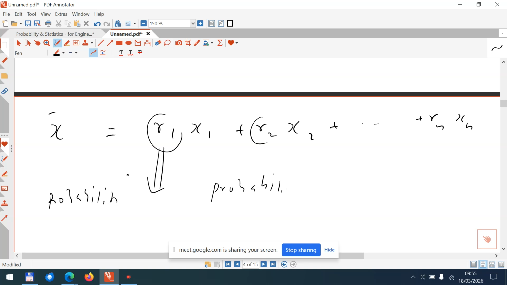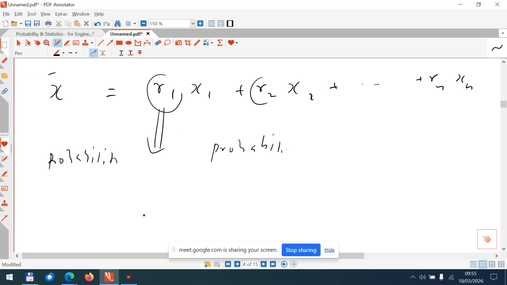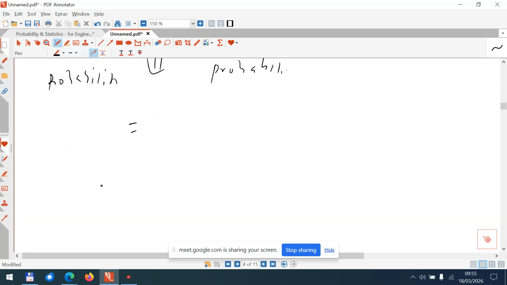And for a continuous random variable, that will be something related to PDF. So it means that now I can come up with a new formula. Instead of looking at a sample, I'll be looking at a random variable x, and small x is a possible value of that random variable.